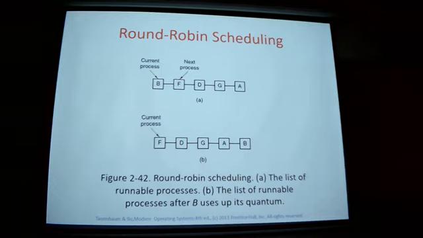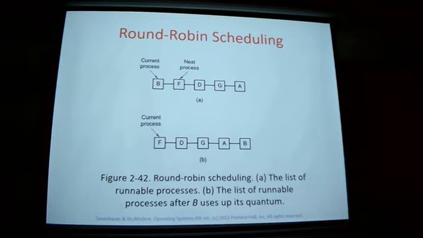So it means that for the last process we are waiting a long time. 12 seconds, so it is not a good thing. The last one waits a long time for executing.